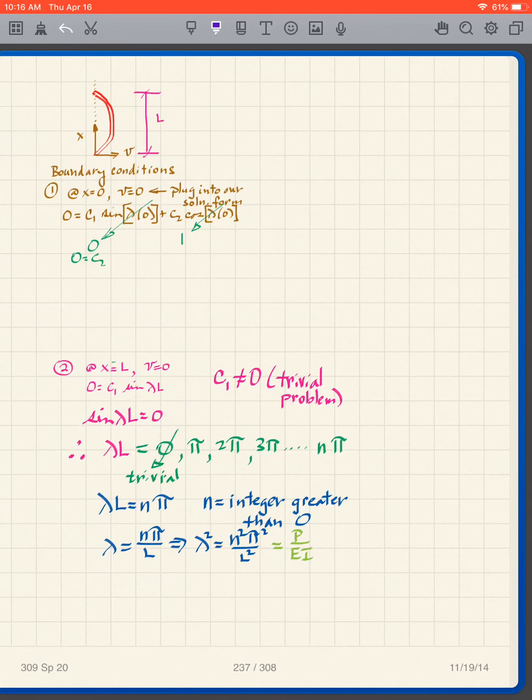What does that mean? That means that lambda L has to be some integer multiple of pi. So for sine lambda L to be 0, lambda L can be 0, pi, 2 pi, 3 pi, ... n pi. And 0 would be trivial, so we don't consider 0. So basically, lambda L is equal to n times pi, where n is an integer greater than 0.